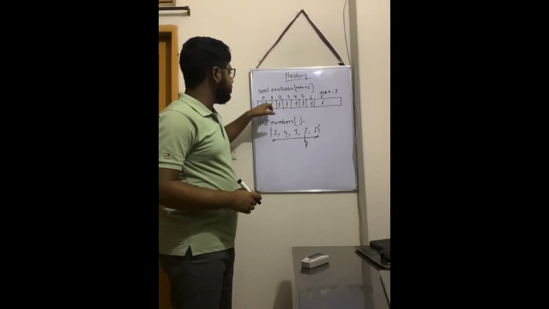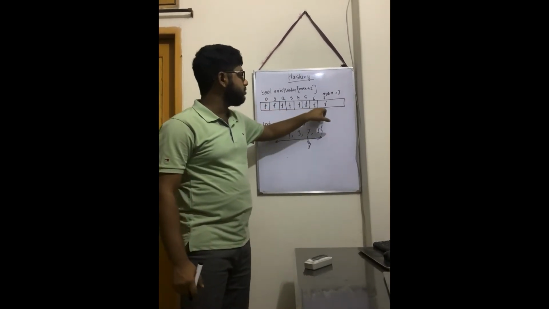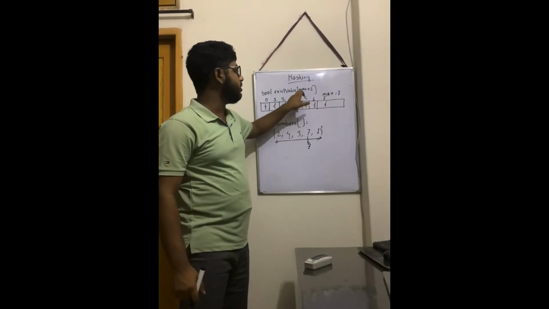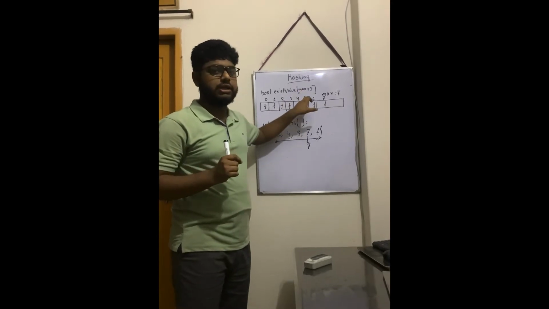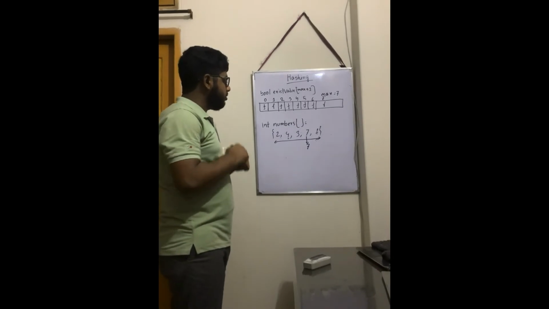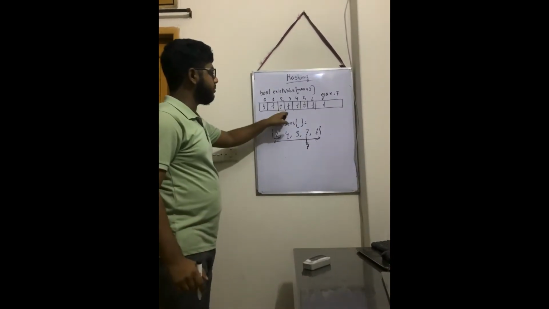As we start from 0, we have 8 blocks to get the value of 7, so the size of the array is maximum plus 1. Okay. Now what we need to do is take the values from this array and make them true.